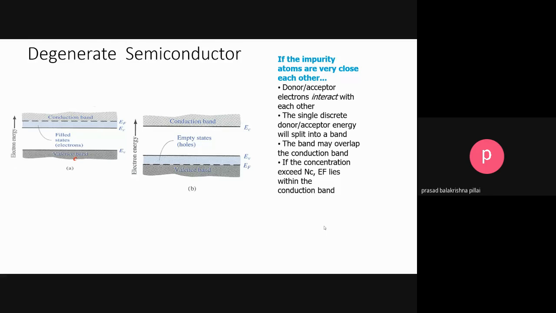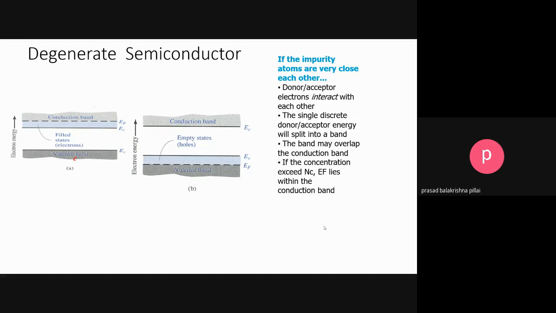Beyond that, in the case of phosphorus, it can go almost 10 raised to 19 to 20. That is the solid solubility limit. Then we say it is heavily doped. So these are the three terminologies, loosely used, as far as the doping is concerned: lightly, moderately, and heavily.